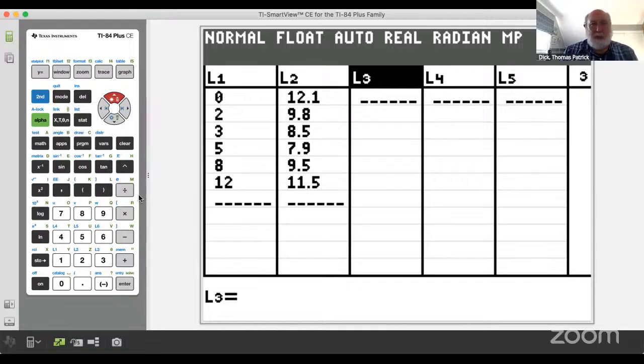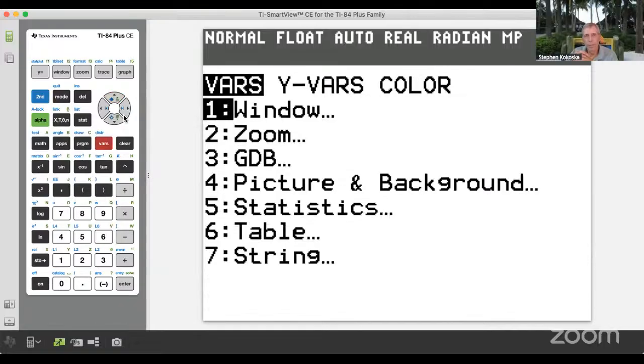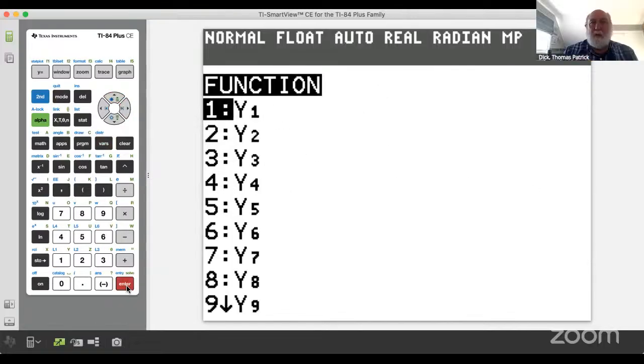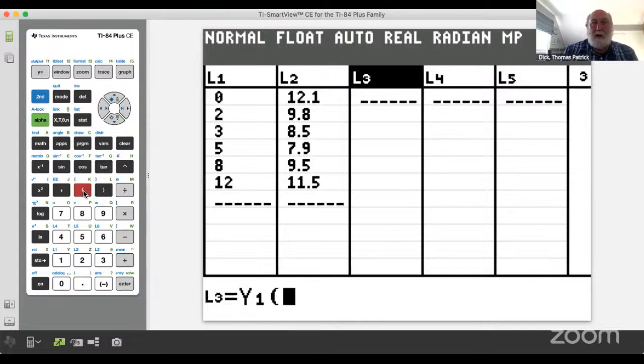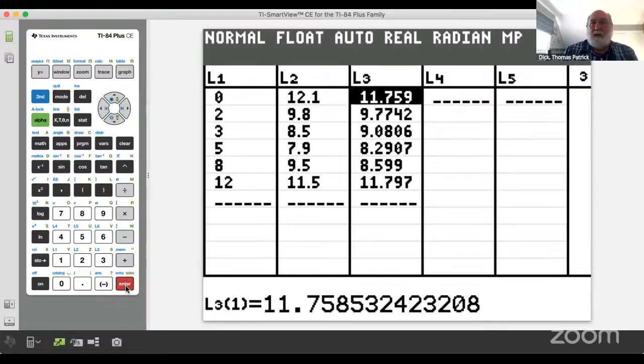Does that make sense? So let me pick up Y1 of, and then I'll put in L1. Okay, so those are the actual predicted values that our regression equation is giving us.